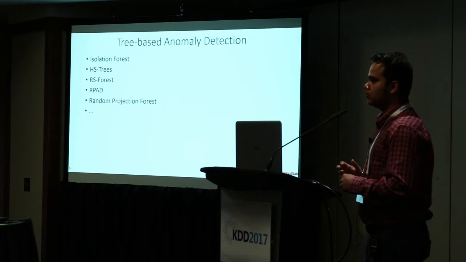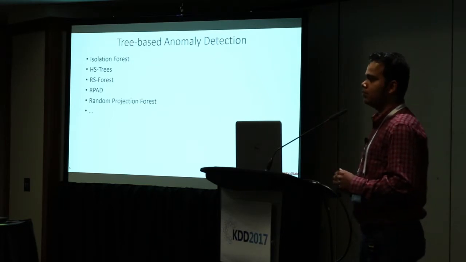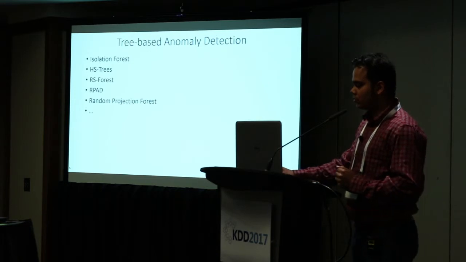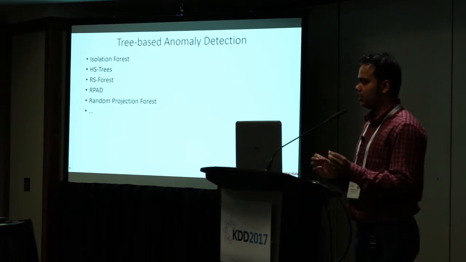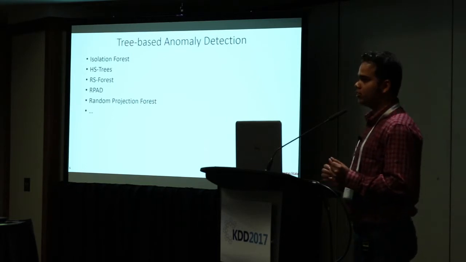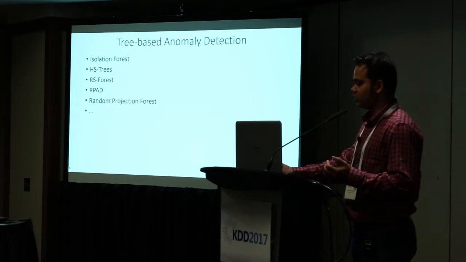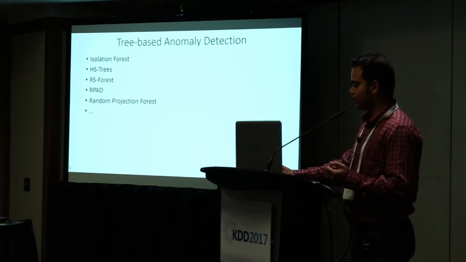Here are a couple of examples. We want to incorporate feedback into this set of tree-based anomaly detectors. To choose a representative anomaly detector, we are using isolation forest here because its performance is really good compared to other state-of-the-art algorithms.